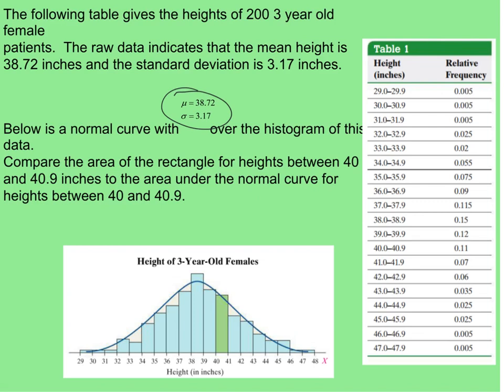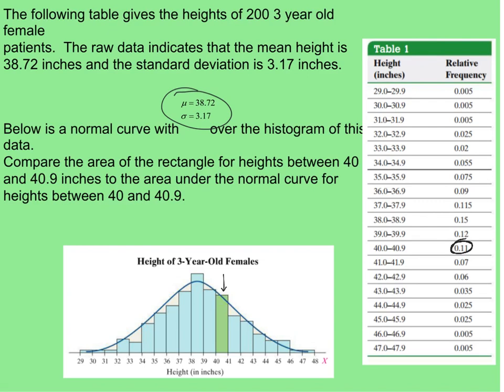What the problem actually says is: compare the area of the rectangle for the heights between 40 and 40.9 inches to the area under the normal curve for heights between 40 and 40.9 inches. It's highlighted green there for us. Let me draw an arrow pointing to where I'm looking. Right there, we're saying compare the area of that rectangle, and the area of that rectangle comes from this 0.11 on the distribution, to the area under the normal curve.